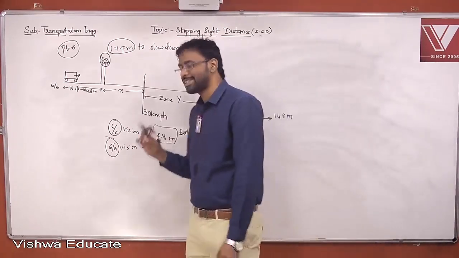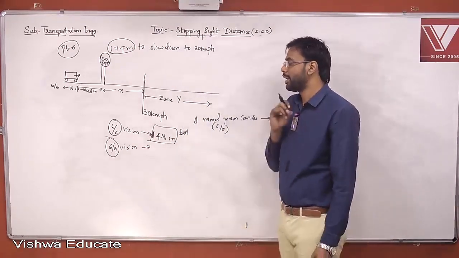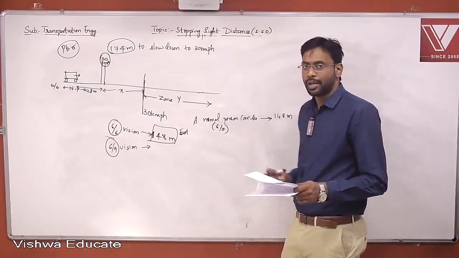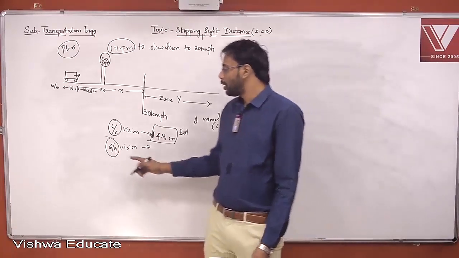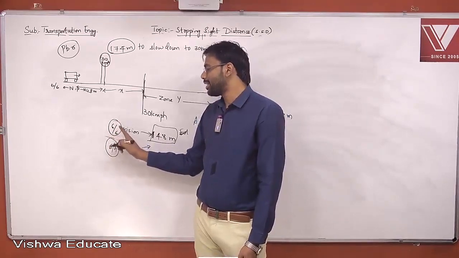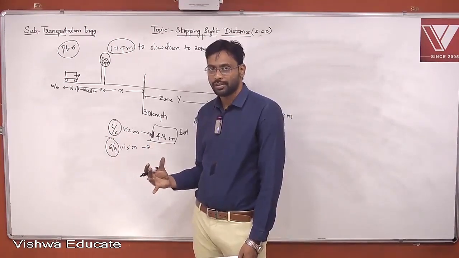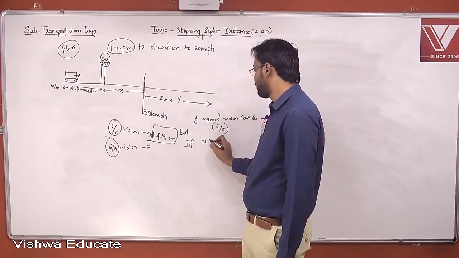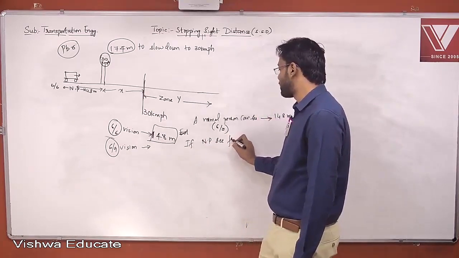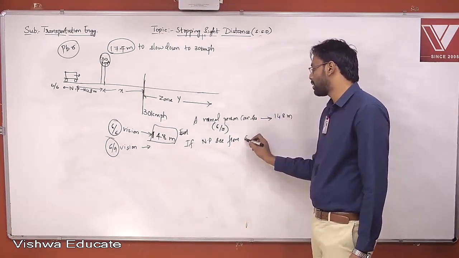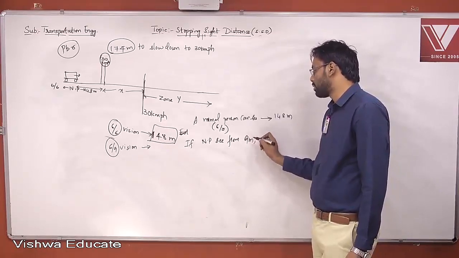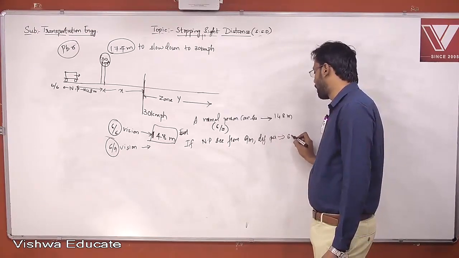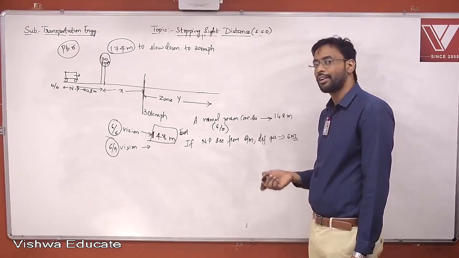Now, 6x9 vision means a defective person. So if you see from this figure, 6 is for a normal person. If a normal person sees from 9 meters, then a defective person can see that only from 6 meters. That is what it means.